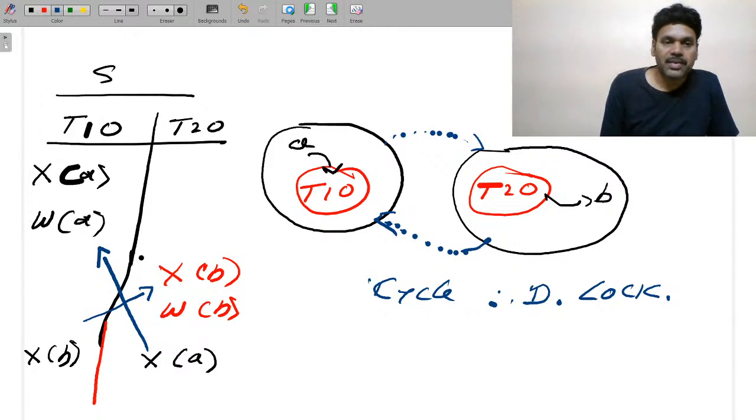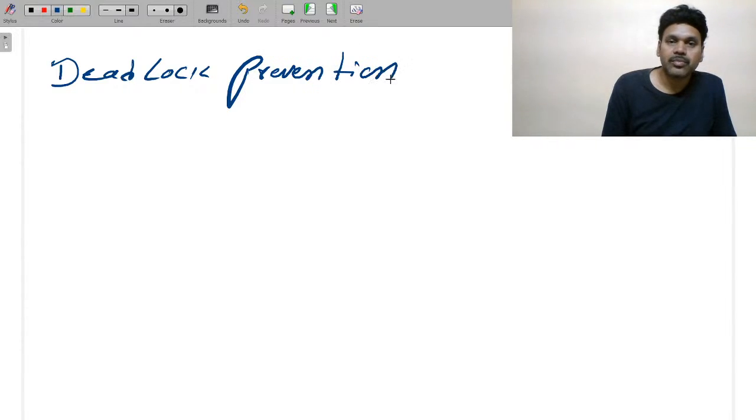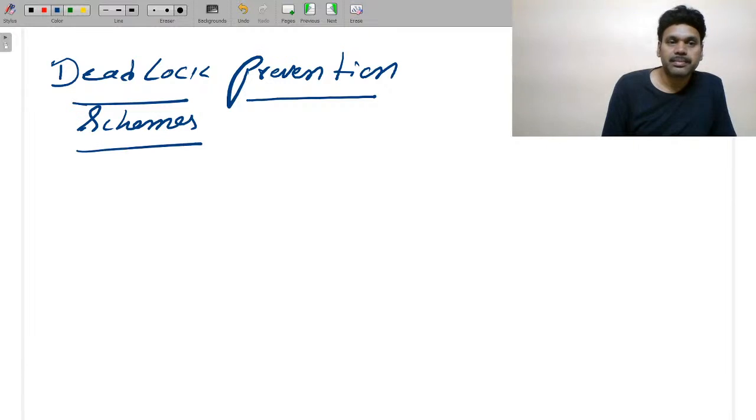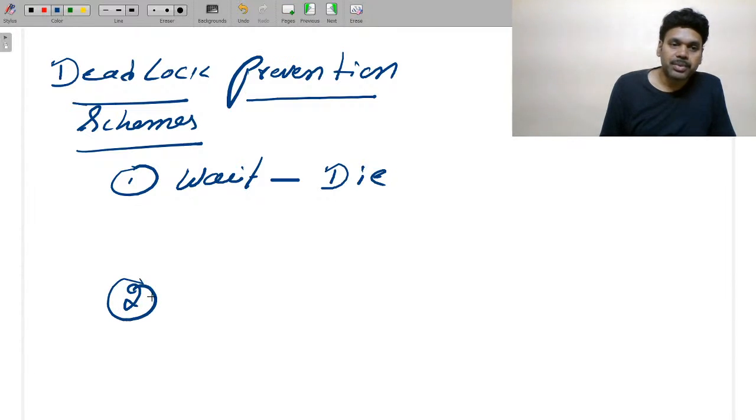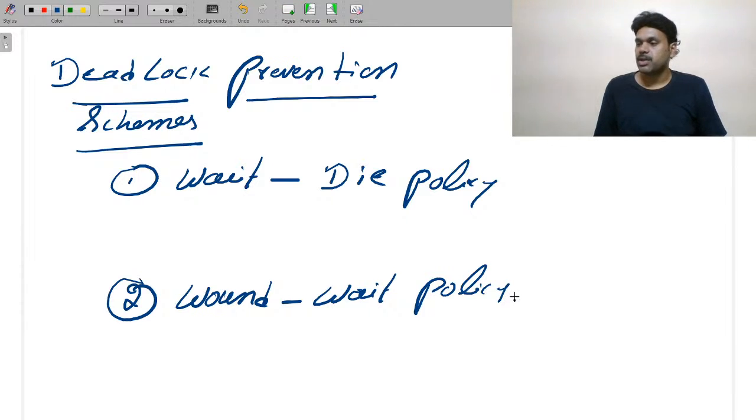So, there is a requirement of deadlock prevention. Deadlock prevention schemes. Number one, wait and die. Number two, wound and wait. Wait-die policy and wound-wait policy.